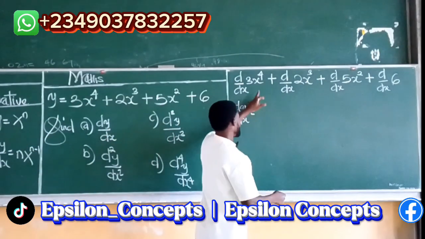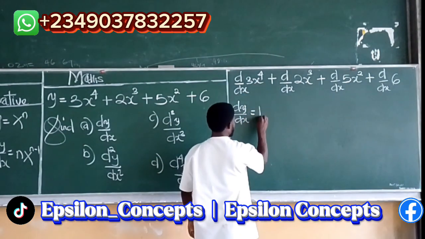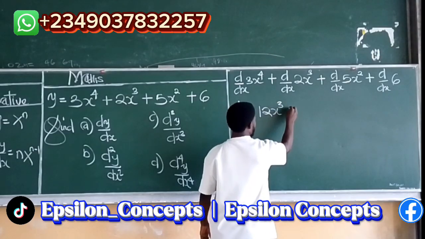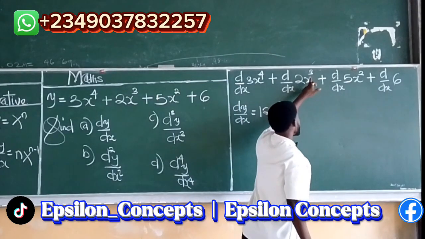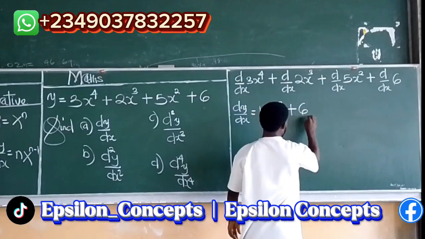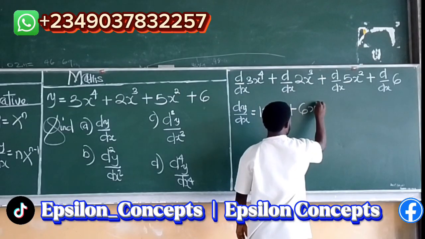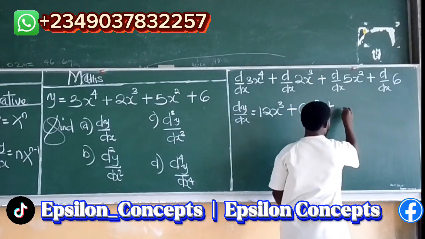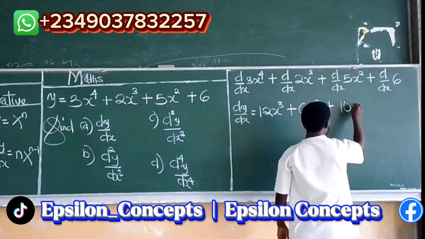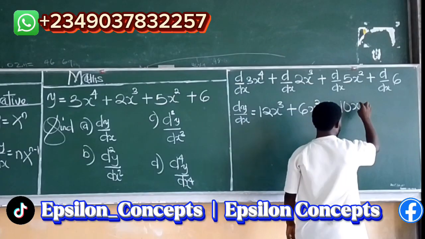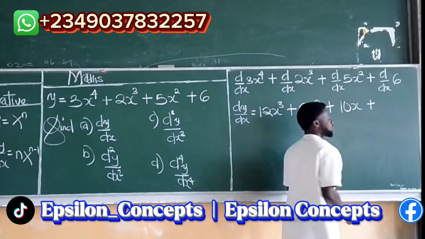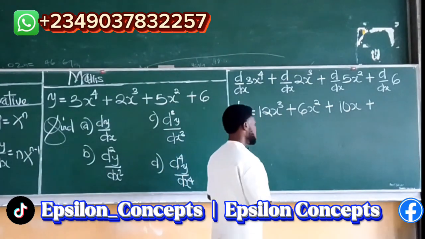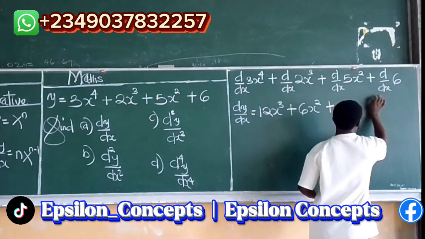So 4 times 3 gives 12, then subtract 1 from the power, x raised to the power of 3, plus 3 times 2 gives 6, then subtract 1 from 3, which is 2, plus 2 times 5 gives 10, then subtract 1 from the power, it becomes 1, plus the derivative of a constant term gives 0, which is the same as nothing.